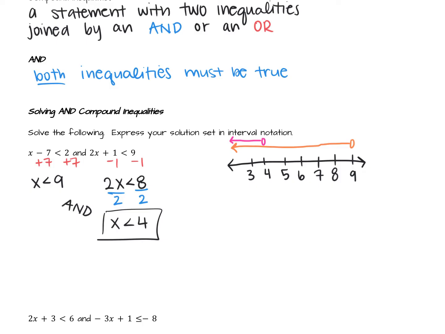If I pick a number less than 4, it is already less than 9. So my solution is going to be negative infinity, comma, 4. For an and compound inequality, an important thing here is you will only ever write one interval for the solution. If you're writing more than one interval, then you are not writing the solution to an and compound inequality.